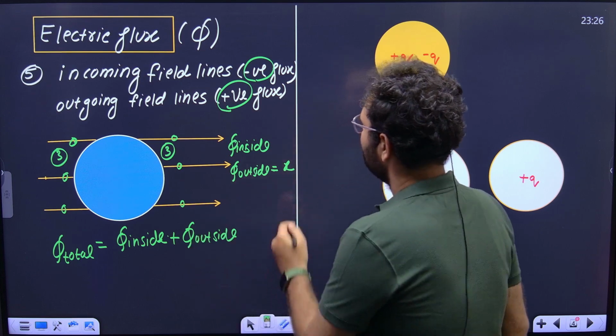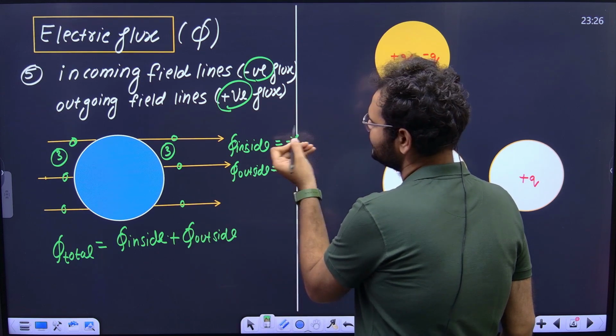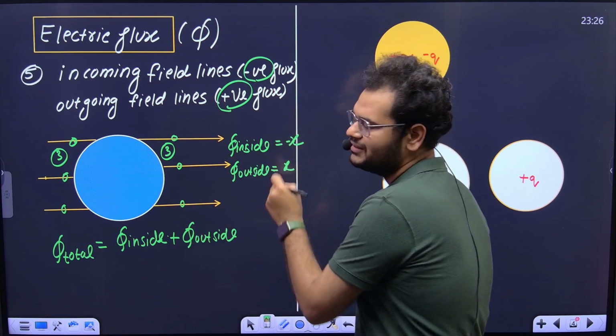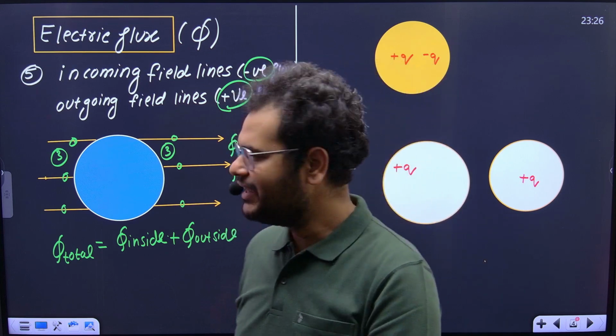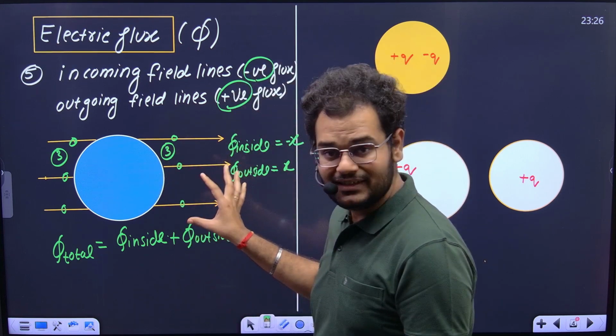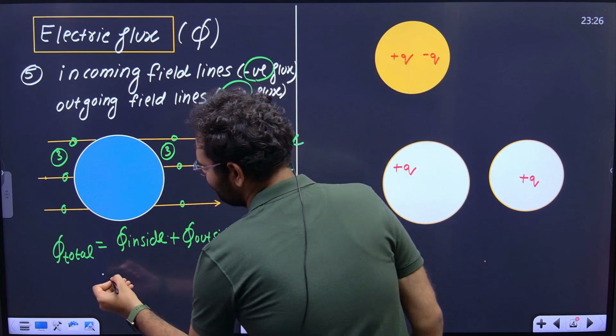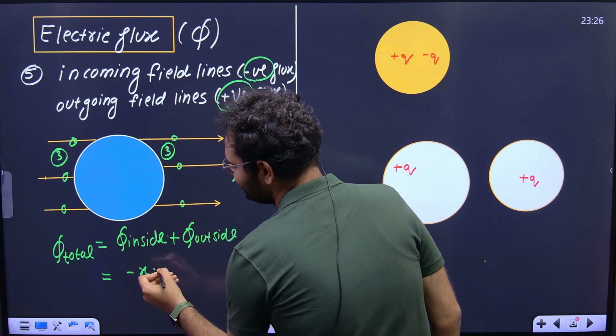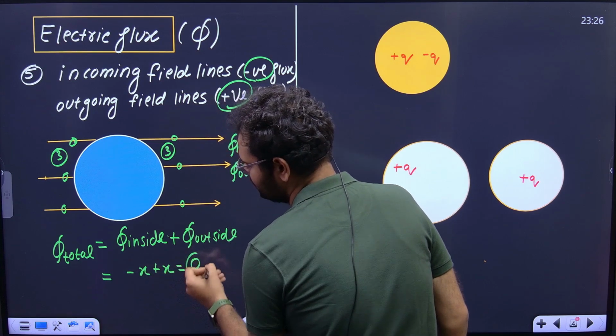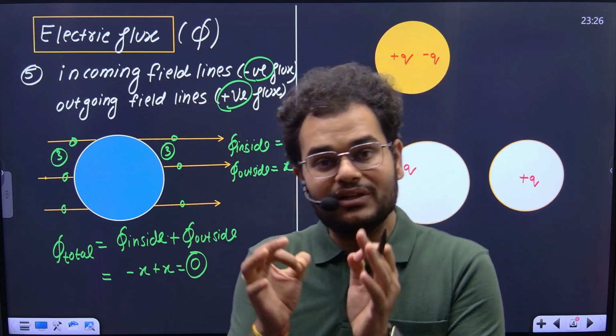So the inside flux will be minus x, equal in magnitude but negative in sign. Why equal, sir? Because the number of field lines passing is the same. So minus x plus x is equal to 0.